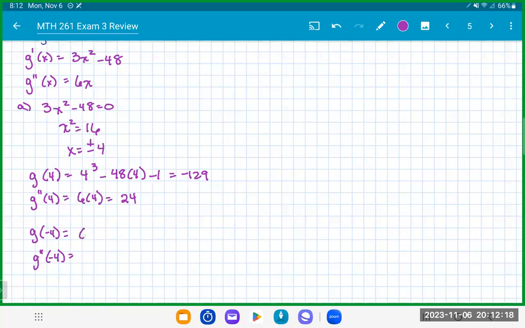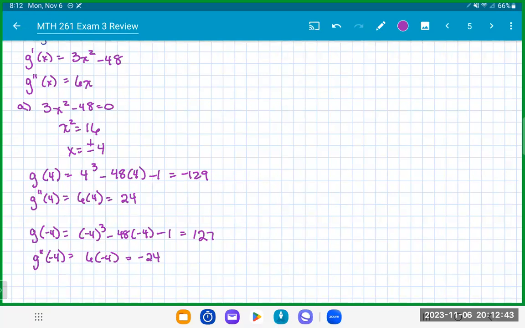So that's going to give us negative 4 cubed minus 48 times negative 4 minus 1, and that will be a positive 127. And g double prime is 6 times negative 4, so it is negative 24.